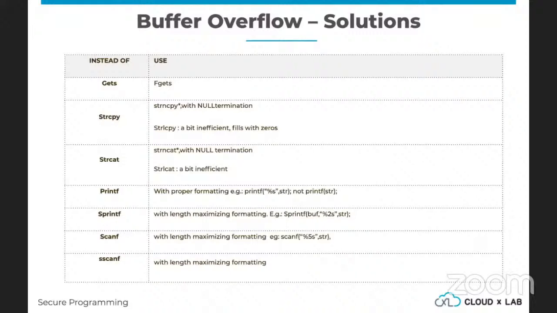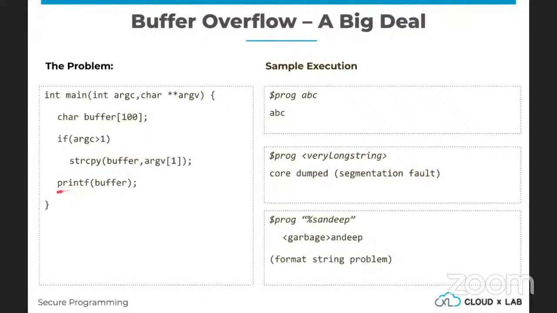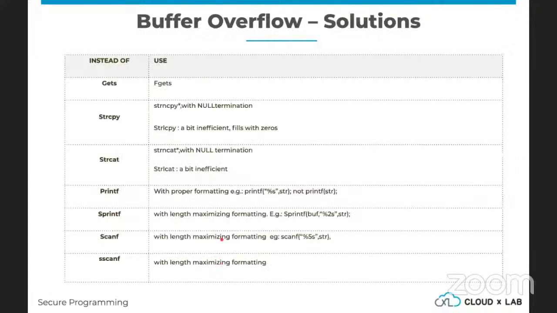With printf, when you're printing data, do not just printf like this. This is wrong because an attacker can understand the address space of your system by way of this garbage. So instead of using printf without a format string, use the one with formatting. So always use printf with the formatted string.